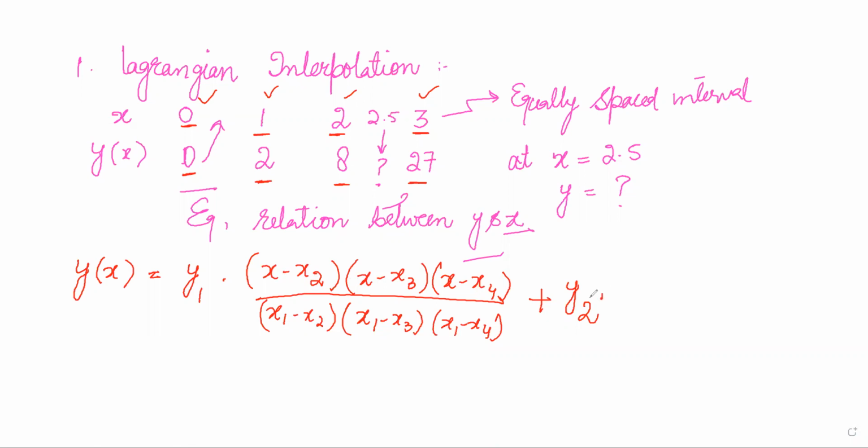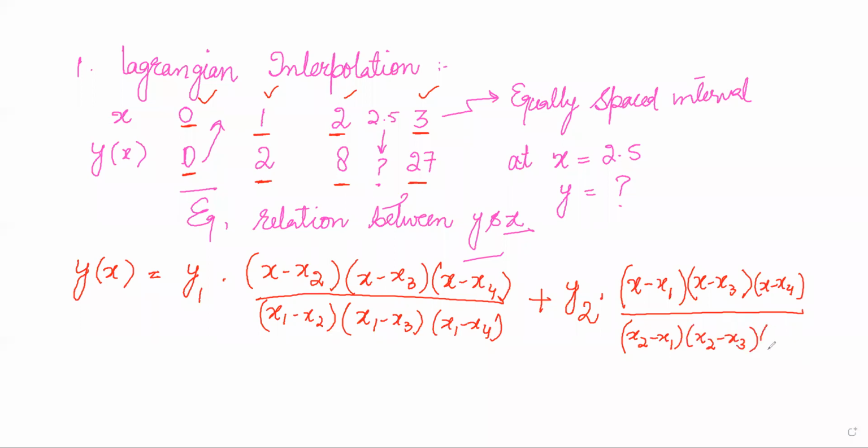In the same way, plus y2 multiplied by x minus x1, but there will not be any x2 term in the numerator, so x minus x3 and x minus x4. In the denominator, we take all the subtractions from x2: x2 minus x1 multiplied by x2 minus x3 multiplied by x2 minus x4.